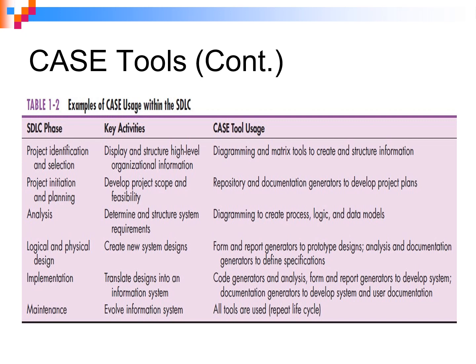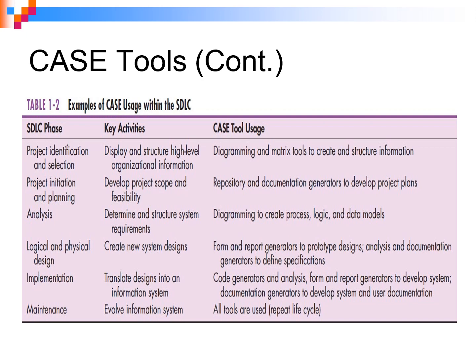Okay. Next is project initiation and planning. So, develop project scope and feasibilities. Okay. So, in CASE tool usage, repository and documentation generators to develop project plans. Okay. The third one is analysis. Determine and structure system requirements.